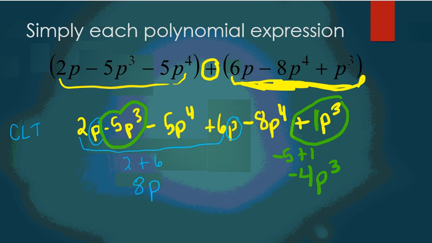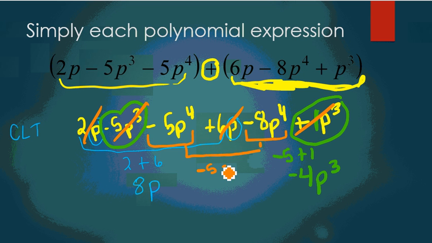Now we look at my last term. We're done with that, that, and that. So now we got to look at negative 5p to the 4th minus 8p to the 4th. If I take a look at combining those, I get negative 5 plus a negative 8, which turns out to be negative 5 minus 8, which is negative 13, and they both had p to the 4th. And now we got to write it in standard form.